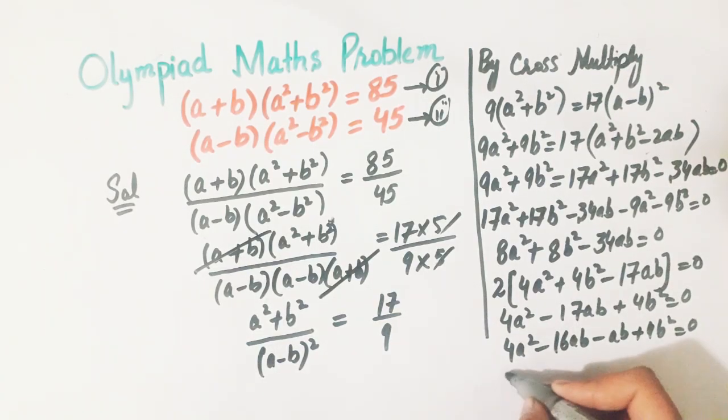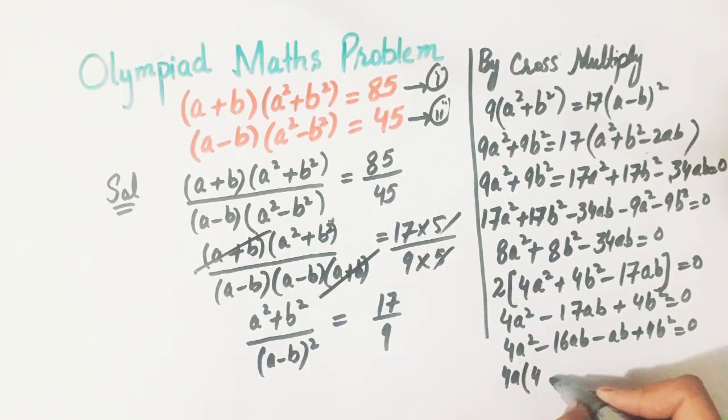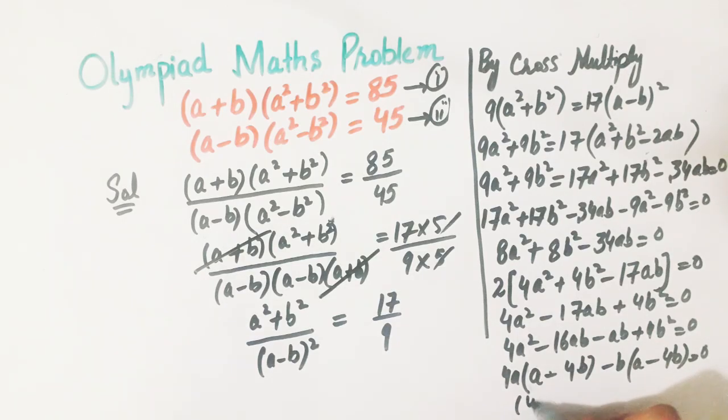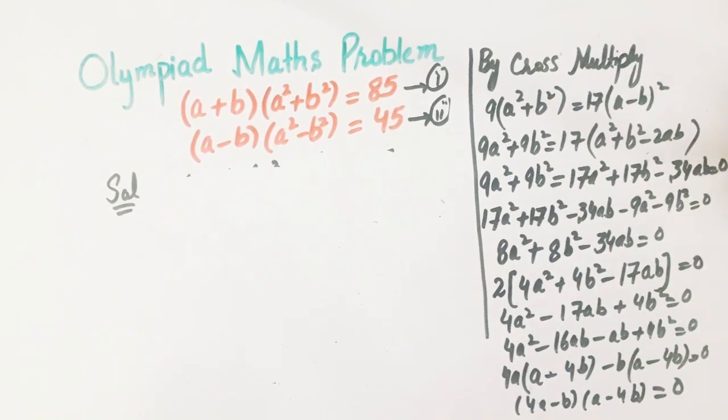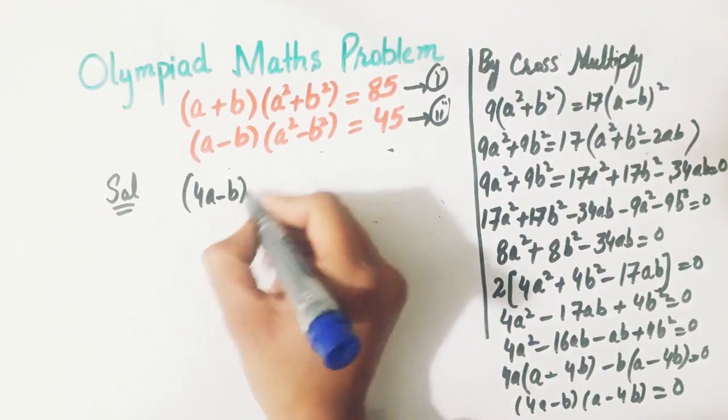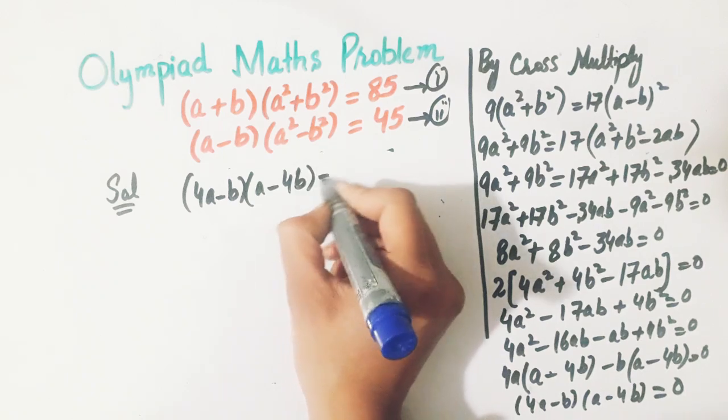Now from this we can take 4a as common, so the remaining is a minus 4b. And from the rest we can take minus b as common, so the remaining is a minus 4b. So we get two factors, 4a minus b and a minus 4b, and their product equals 0.